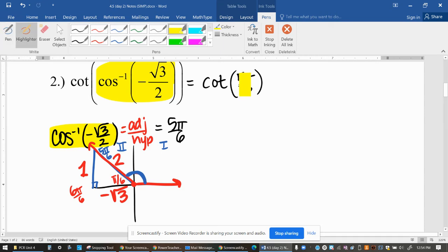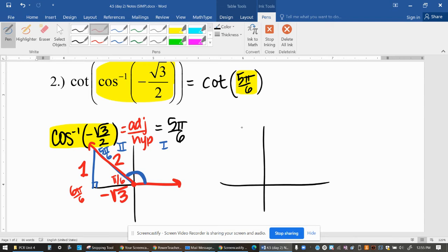Now my job is to find cotangent of 5 pi over 6. 5 pi over 6, as I mentioned earlier, is in the second quadrant. Again, I'm redrawing the triangle just to kind of prove a point. You don't have to redraw it if you don't need it. So this is 5 pi over 6.